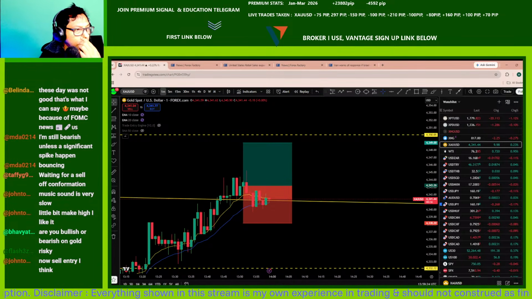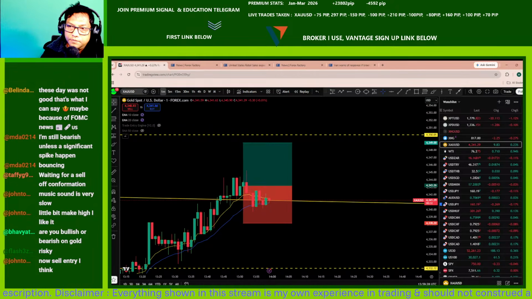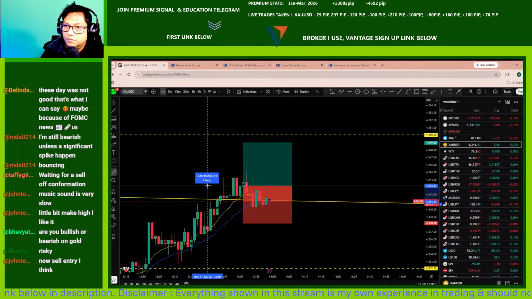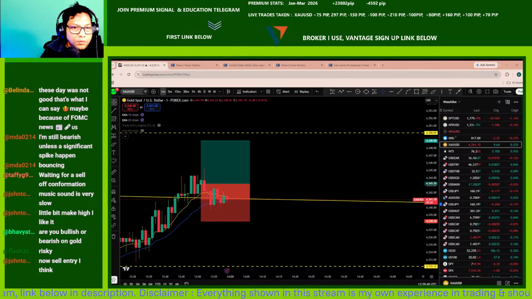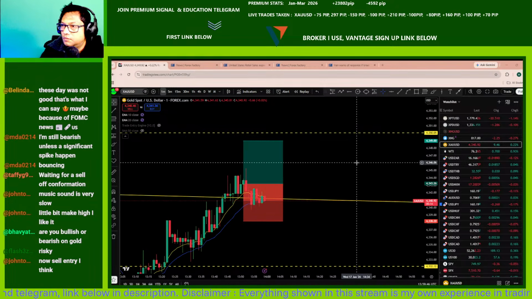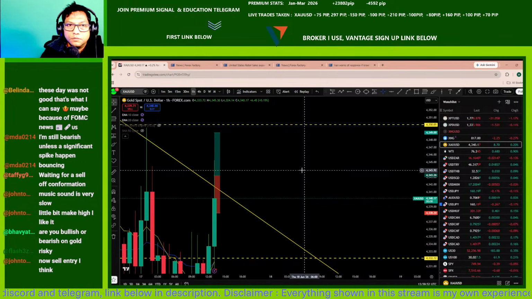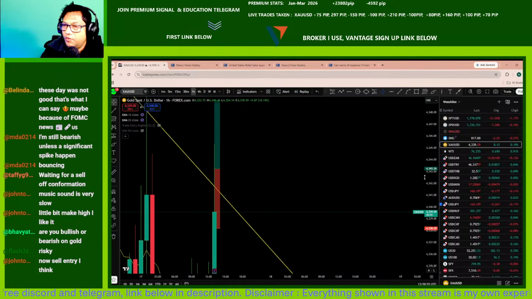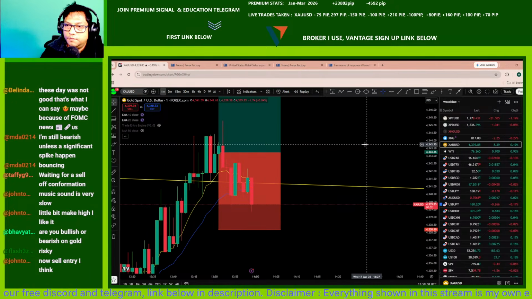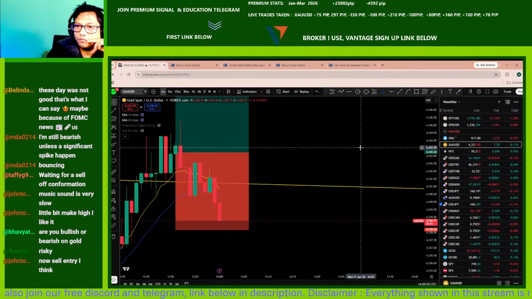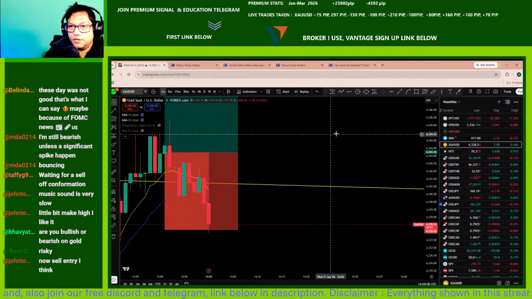The market consolidated in that area. There is a last moment, there is a break of structure. So we got out with this trade.